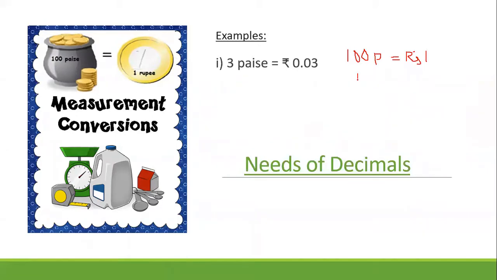Now 1 paise is equal to how much? It will be rupees 1 by 100.